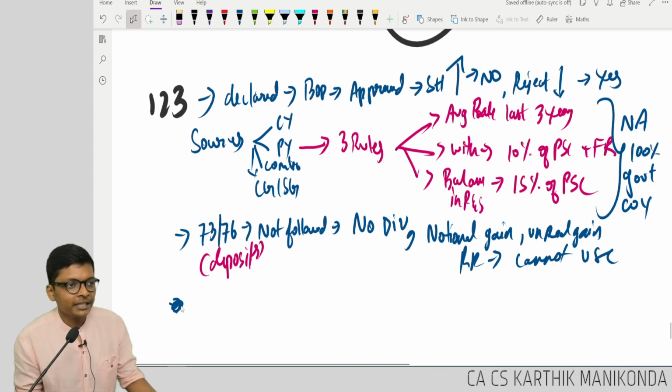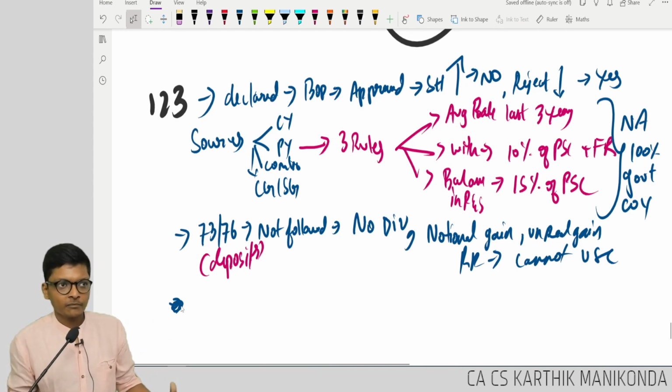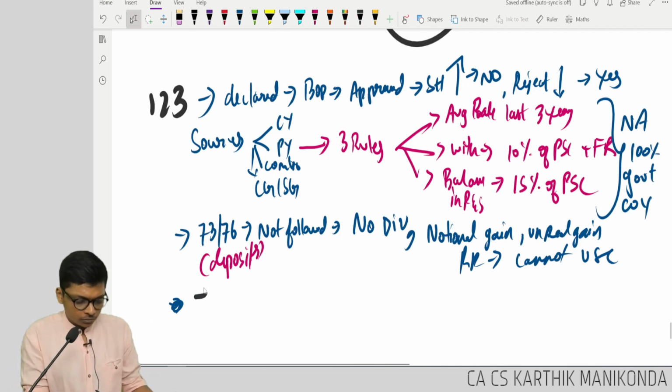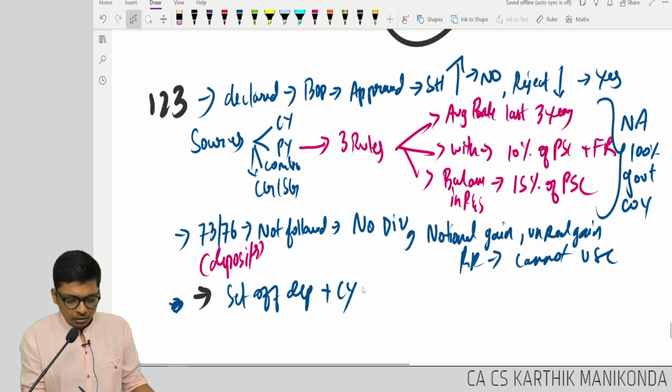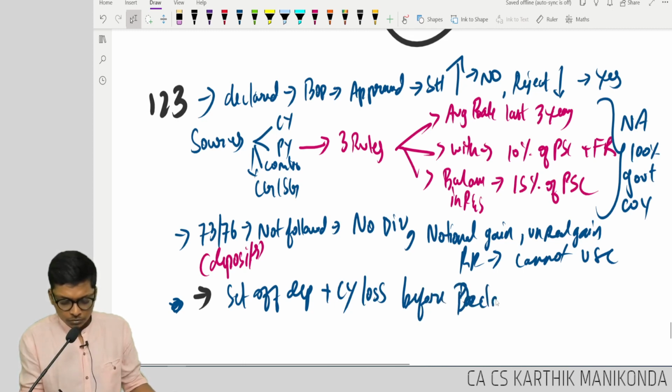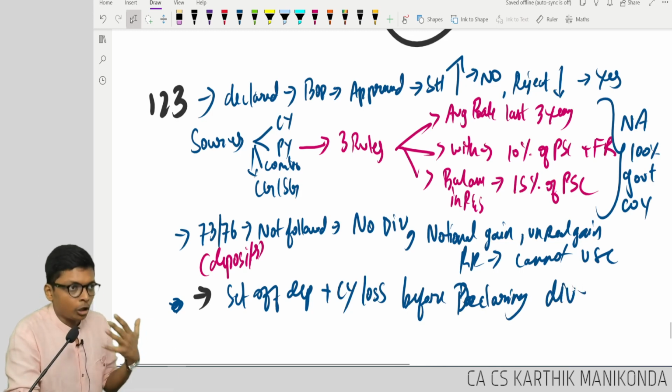Is this 123? That's all. Which one is missing? Depreciation you can write down. Set off depreciation and current year loss before declaring dividend. This is my rocket notes.